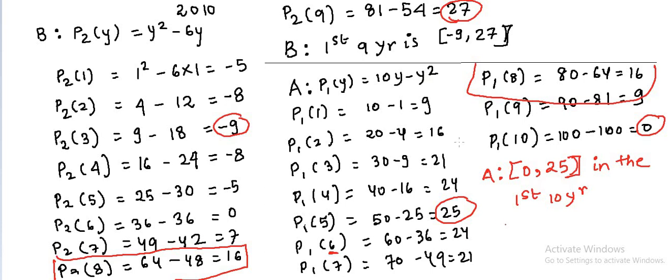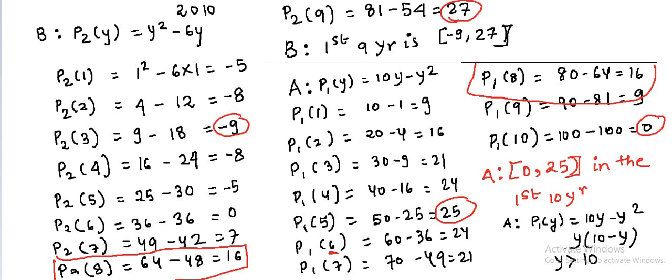This is the equation which is given to us. That is, A is P1Y, which is equal to 10y minus y square. Take y common. This gives you y times 10 minus y. Now when is this value going to be negative? This value is going to be negative when y is greater than 10.